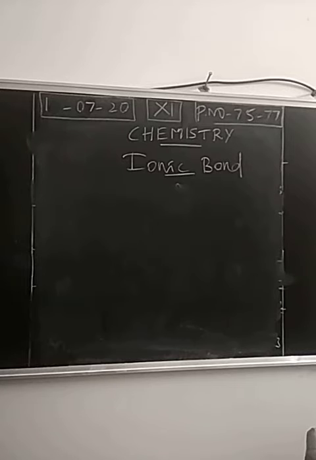An ionic bond is a bond formed between two atoms with a large electronegativity difference, forming a cation and an anion. The electrostatic force of attraction between the oppositely charged ions is called ionic bond or dative bond.